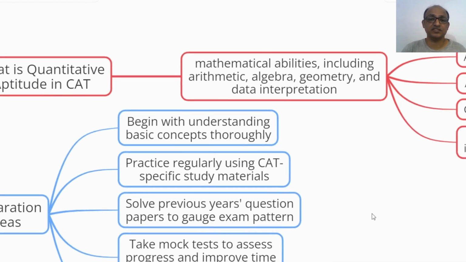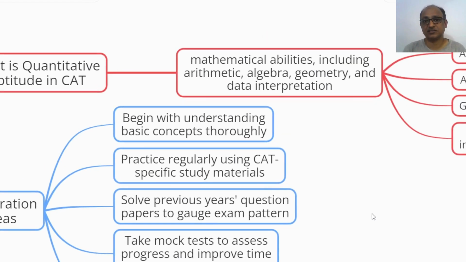Basically, it is a section in the whole CAT entrance exam related to the mathematical ability and skills you have.